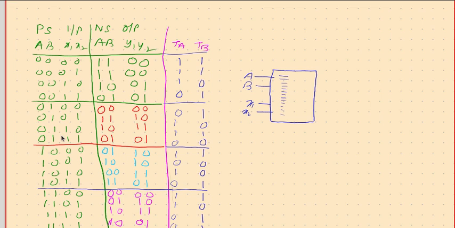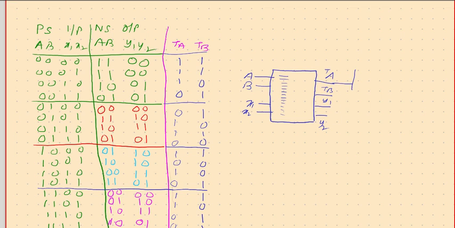So this whole table is stored inside. For 0000, I store TA as 0 and TB as 0. So I need one output as TA, one as TB, one as Y1 and one as Y2. That's all I need.